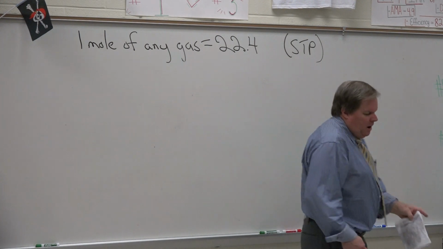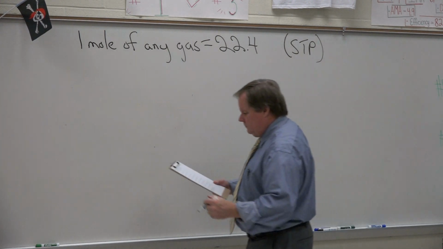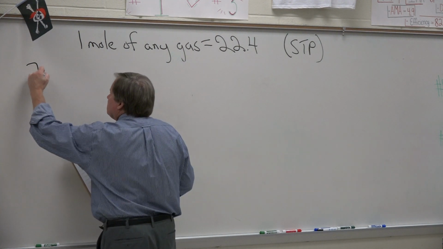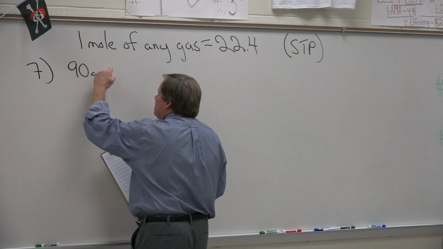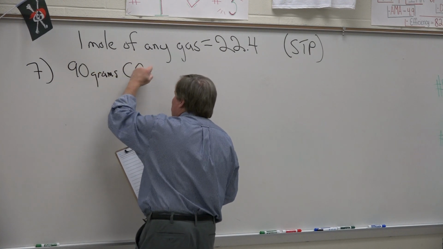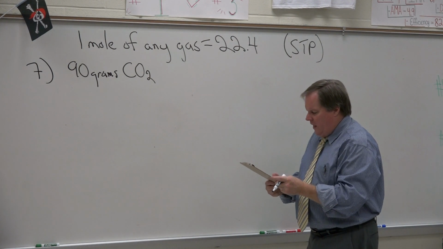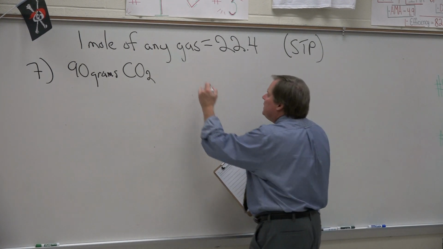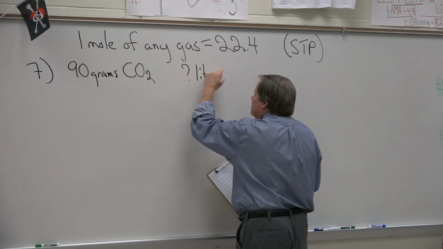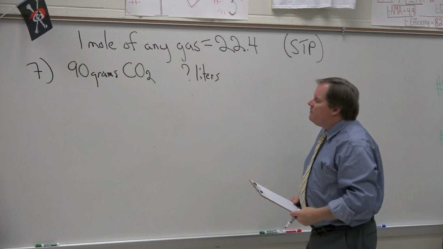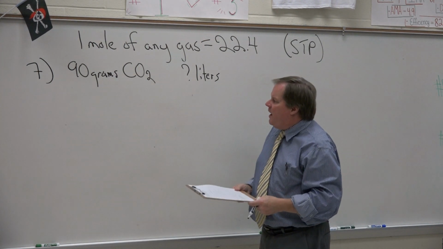What did I give you this time? 90 grams of CO2, and the question is, how many liters is that? So we need to solve for liters. First thing we have to do, step number 1, is figure out how many moles we have before we can do any other math.